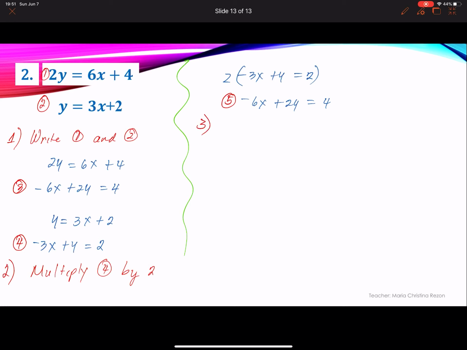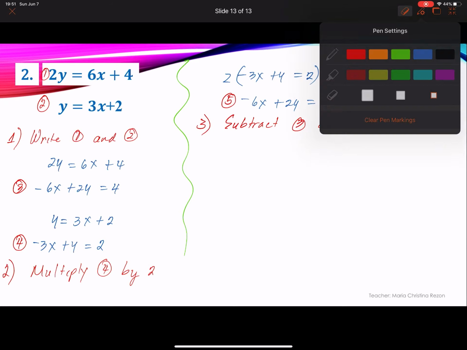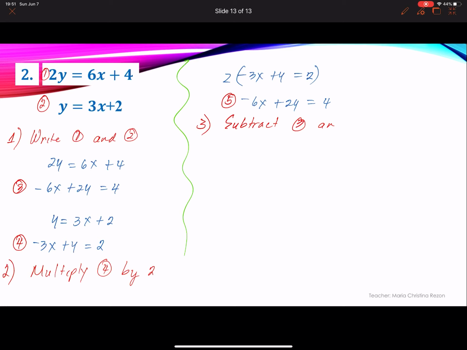Okay. Then the third step that you're going to do is add equation 3 and equation 5, or subtract. You can subtract equation 3 from equation 5, or vice versa, it doesn't matter.